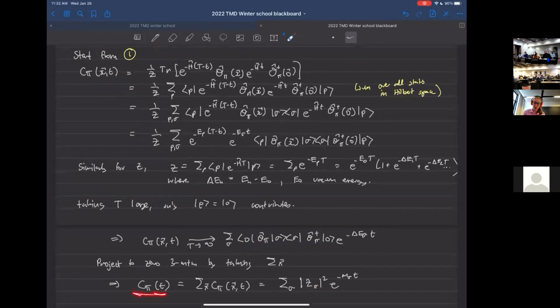So this 2-point correlation function depends on the energies of all of the states for which these overlaps of the operator onto that state are not zero. That is, it depends on all of the energies of the states that can be created from the vacuum by this creation operator.